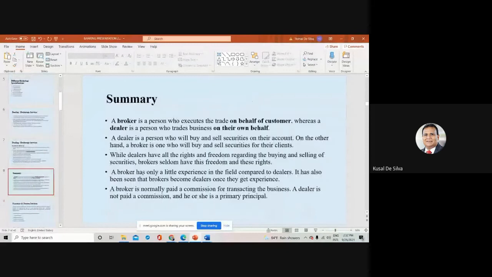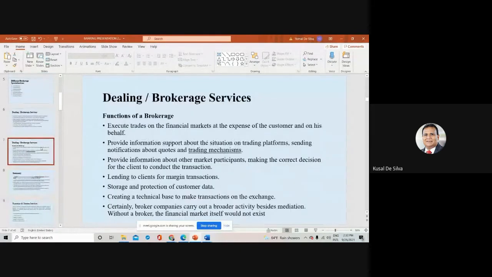Then, functions of a broker. Functions of a broker: execute trades on financial markets at the expense of the customer and on his behalf, provide information support about the situation on trading platforms, sending notifications about codes and trading mechanism. So these are the general functions.